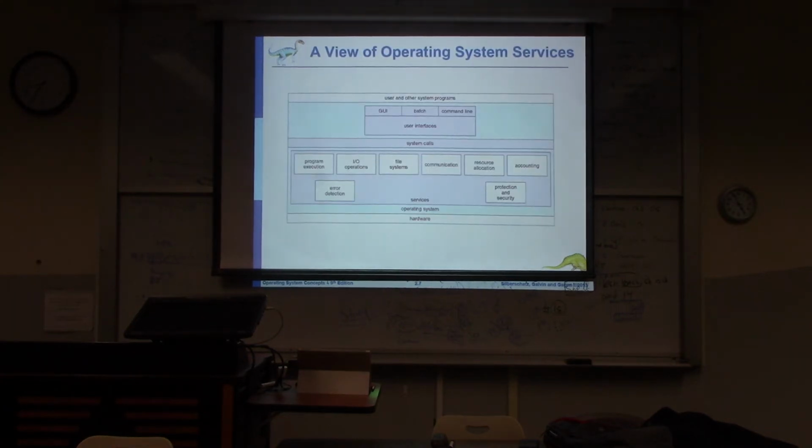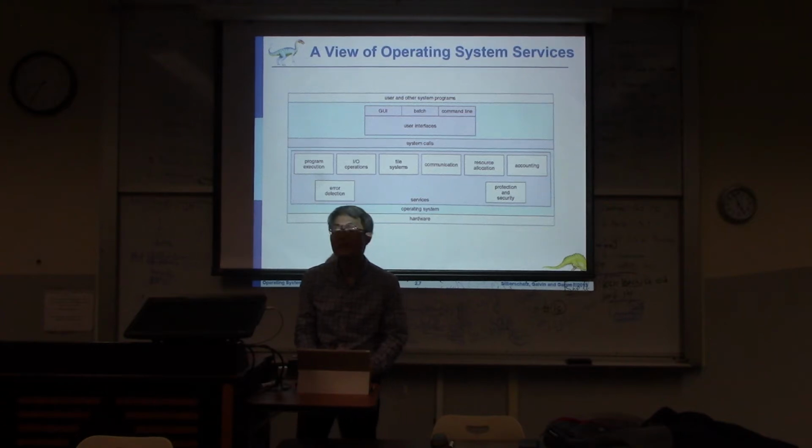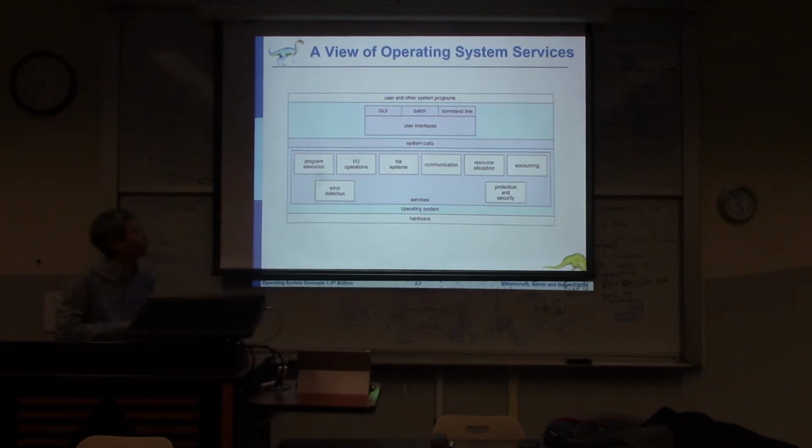So this diagram shows all the services that we have discussed. Between the hardware and the user is the operating system, or most of it. We will discuss most of these parts throughout the semester, including user interface, program execution, process management, I/O, file system, communication, and resource allocation.